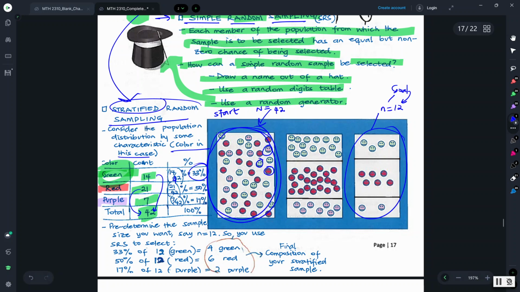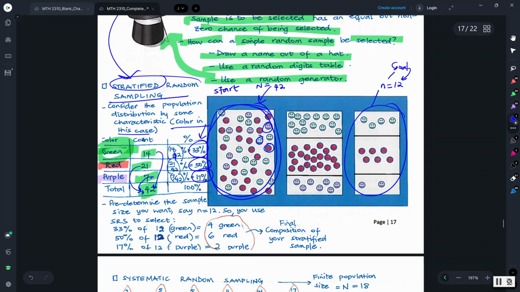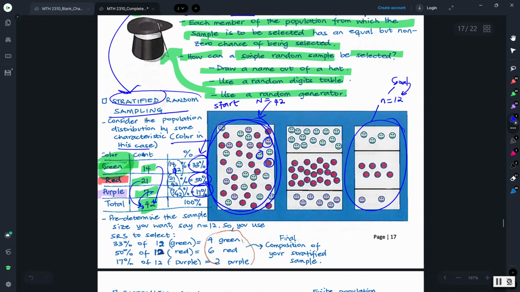Then 21 divided by 42 times 100% gives 50%. And 7 divided by 42 times 100% gives 17%. So this percentage composition will be used to choose the 12 that will be in the final sample.